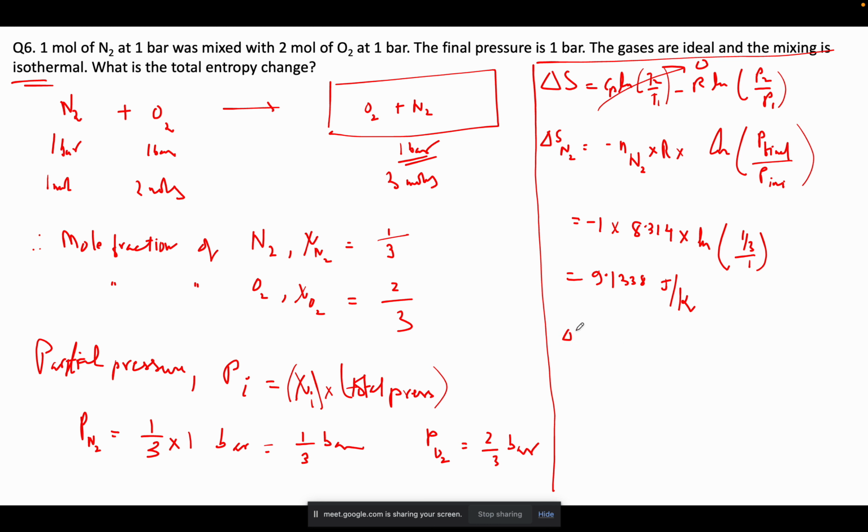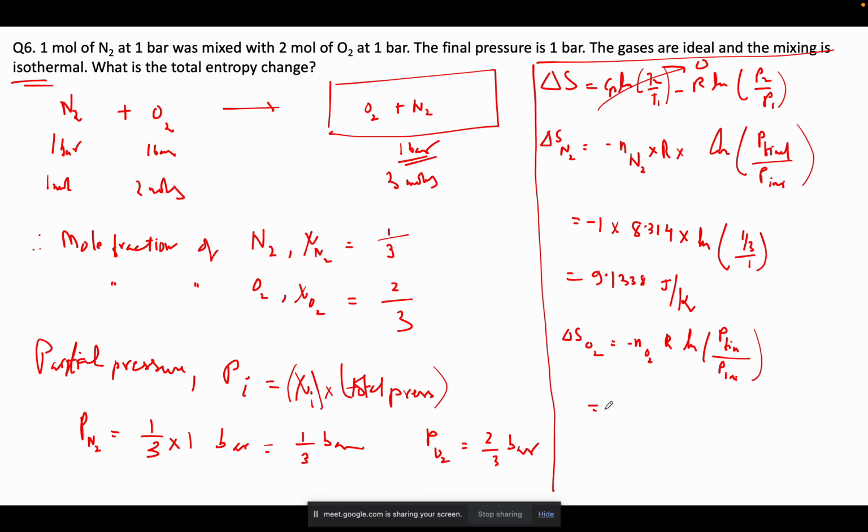Similarly, delta S of O2 will be minus n O2 times R times ln P final divided by P initial.